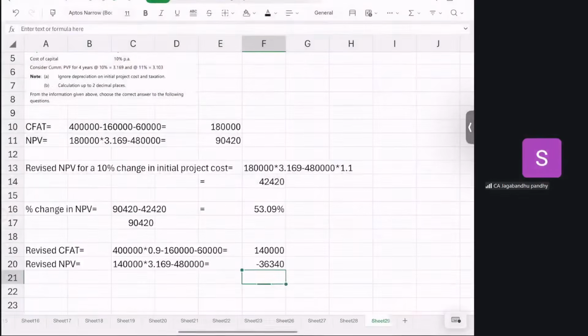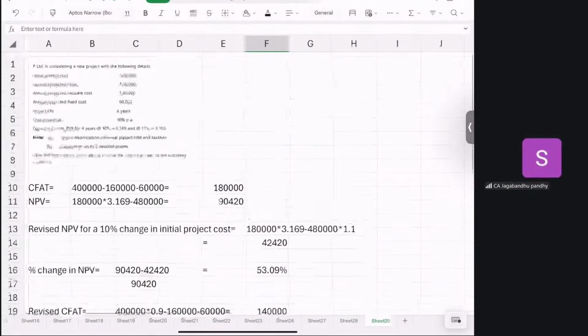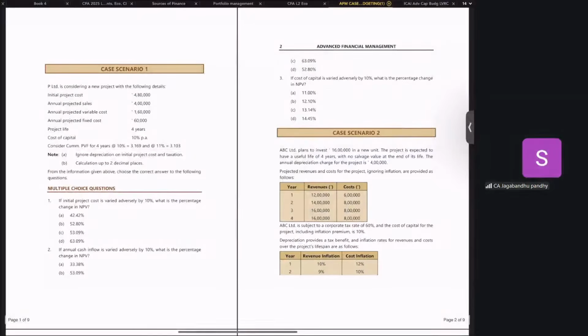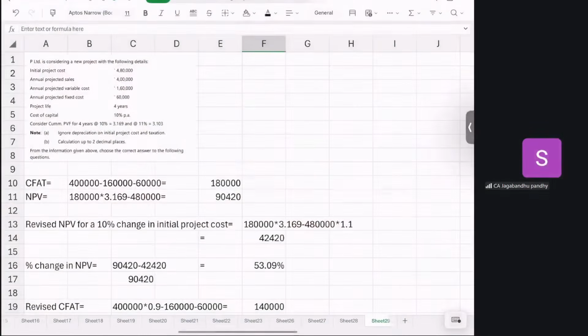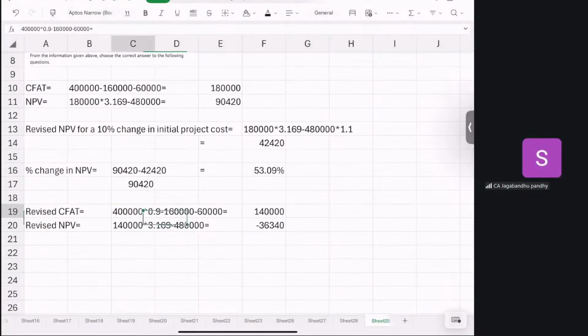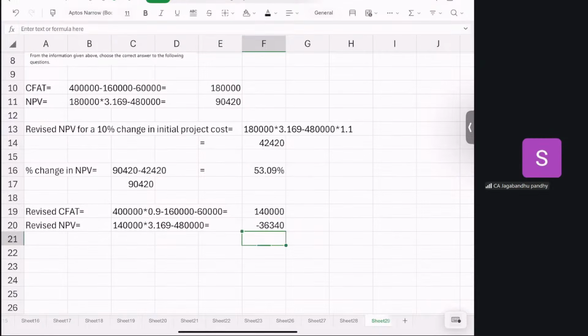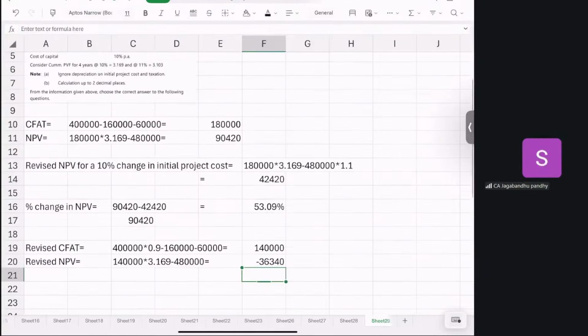One second, there's some issue. The question says if annual cash inflow is varied adversely by 10%. Some issue here in the calculation, I think.